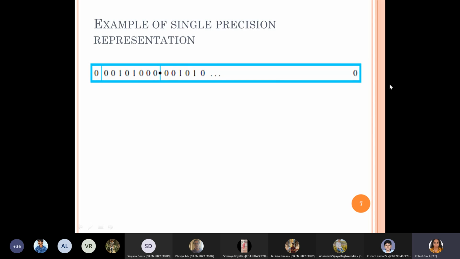Who is the one more boy representative? It's Ashish. He is not in the meeting. Ashish Kumar. No, that's some other class. He's not here for now.